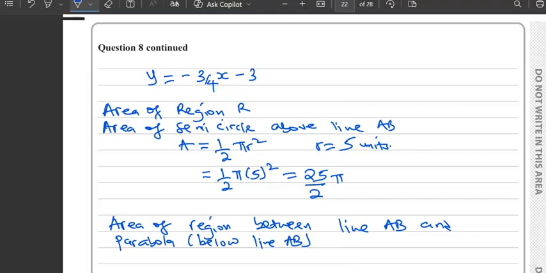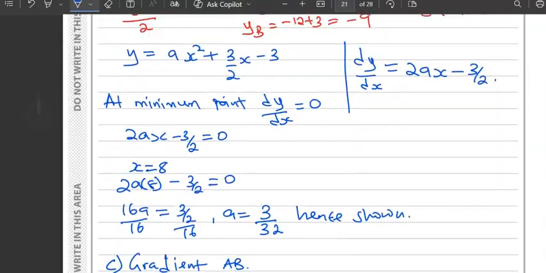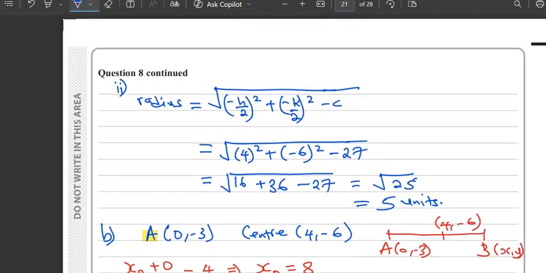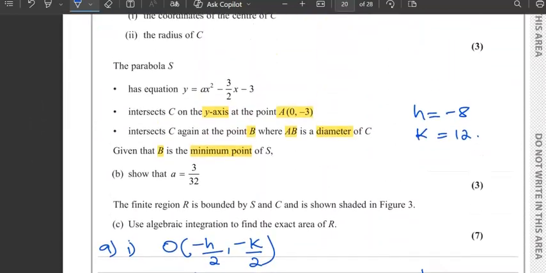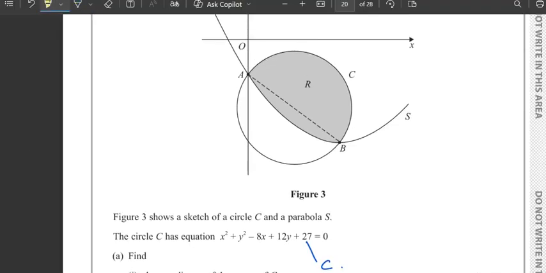So what are we supposed to do in this case? Let me take you back a bit. What we are interested in getting here is the area of this region shaded in yellow.